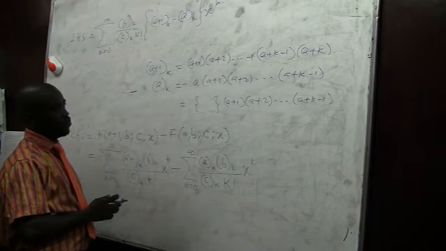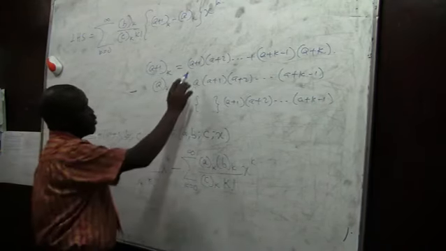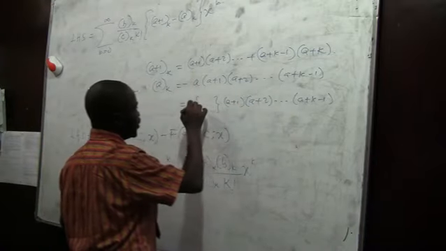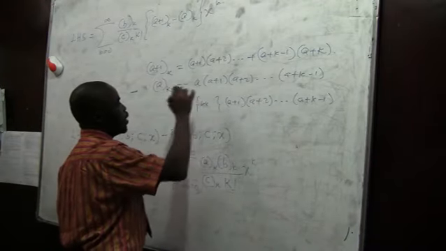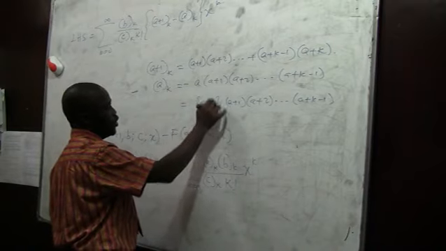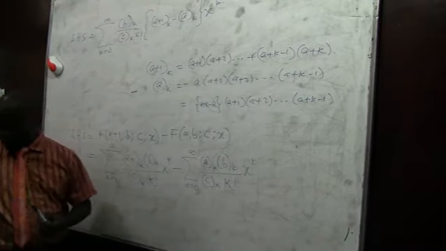Having done that, what are we now left with? The first one we are left with (a plus k), and the second one we are left with a. Subtract the two of them.